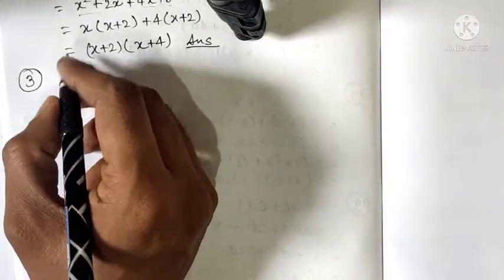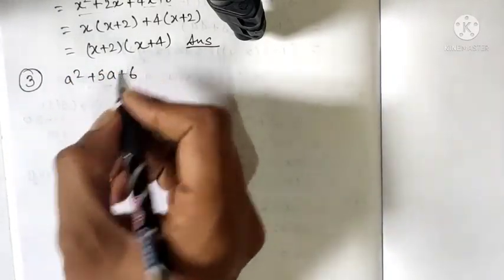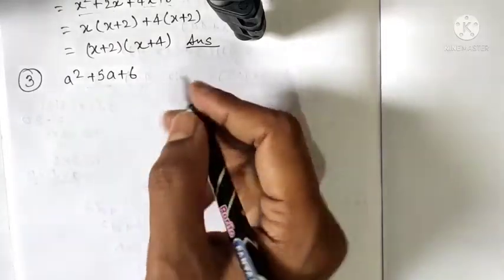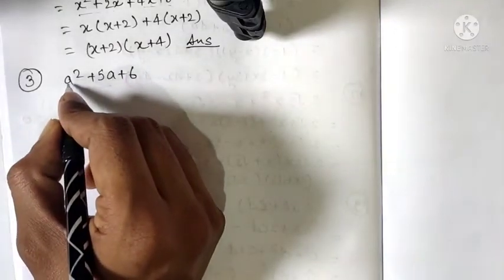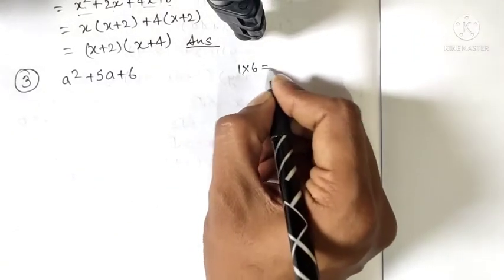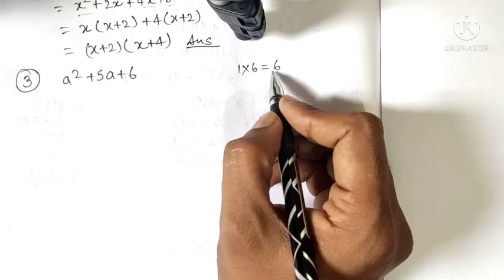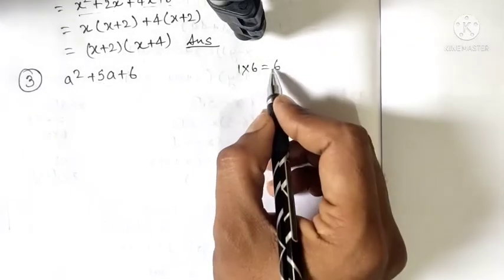Now question number 3. Question number 3 is a square plus 5a plus 6. Since it is a trinomial, we will multiply the coefficient of a square and the constant term, that is 6, and 1 into 6 becomes 6, and since 6 is positive, we have to find the factors of 6 in such a manner that their sum will be equal to 5.